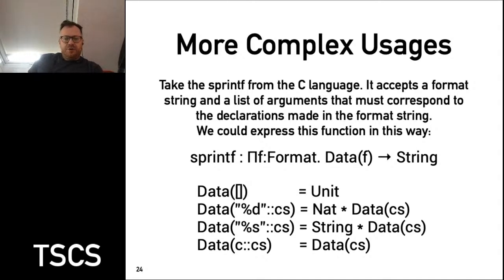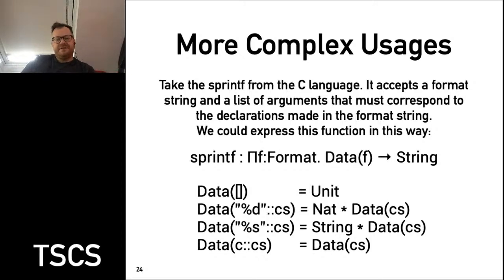And then let's say we have a case where f is actually a %d, which in sprintf terminology is a decimal number. And then a couple more format things. That ::cs basically tells us, okay, there is more, there are some consecutive parts in this format string.